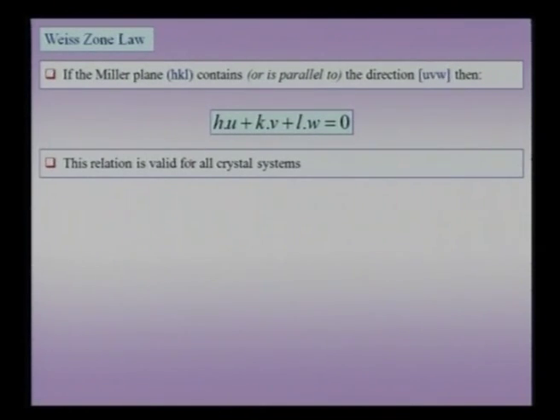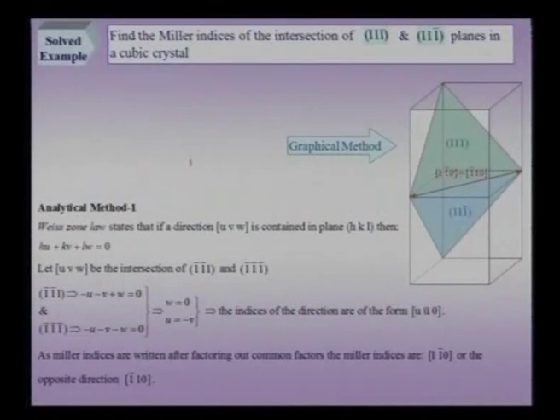Now to understand this relation, let us take up a solved example which will also clarify some of the points about these planes and directions. In this case I am talking about a cubic system in which I am trying to find the intersection of the 111 plane with the 111 bar plane.